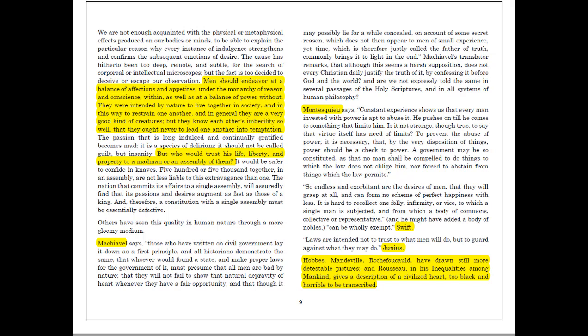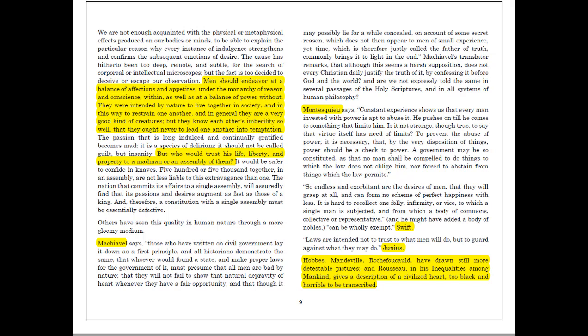So notice first, particularly if you read Plato's Republic in Foundations, this man should endeavor at a balance of affections and appetites under the monarchy of reason and conscience. That is essentially the Platonic ideal, that your reason governs your appetites and your affections.